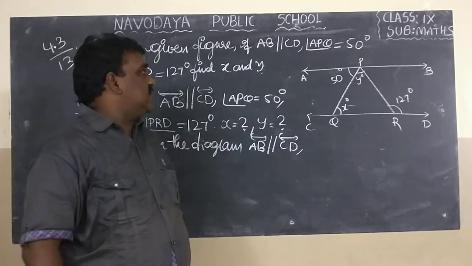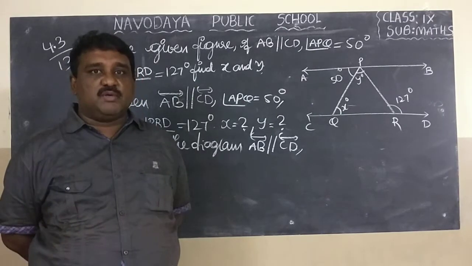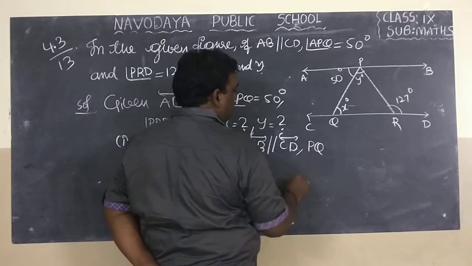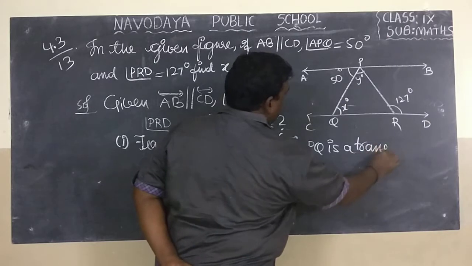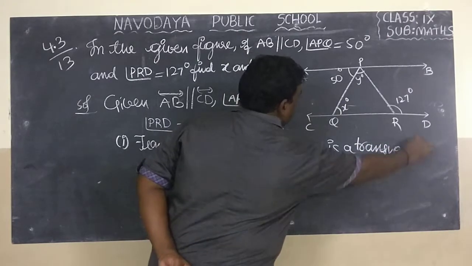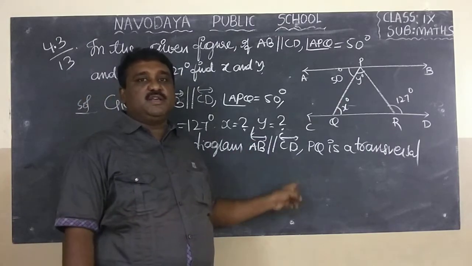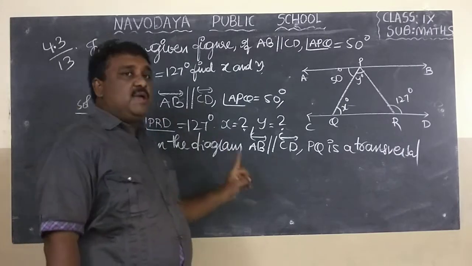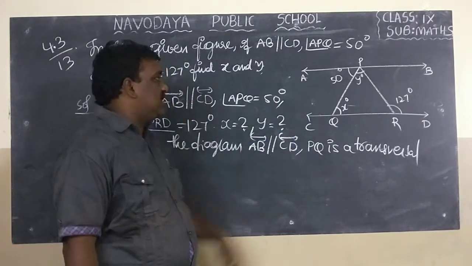When parallel lines are there, we think about a transversal. PQ is a transversal. From the diagram, AB parallel CD, comma, PQ is a transversal.